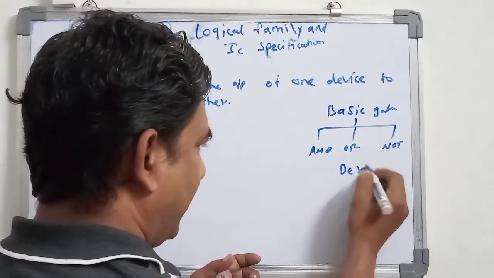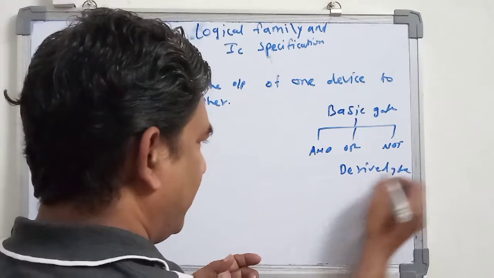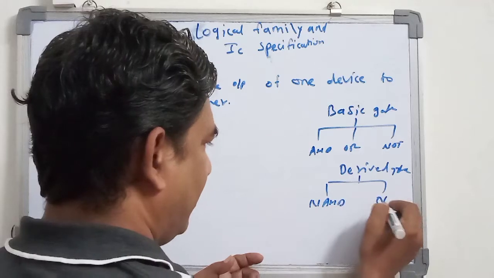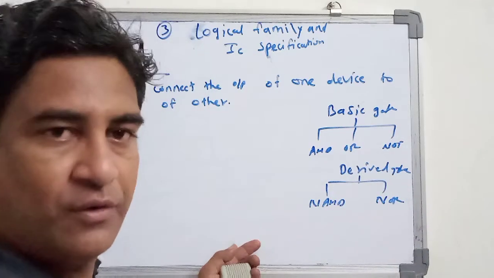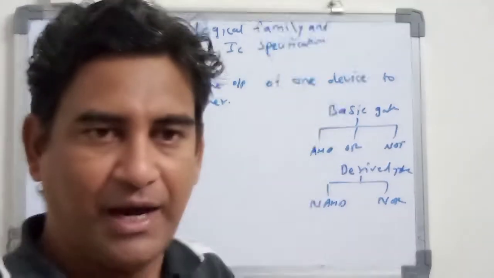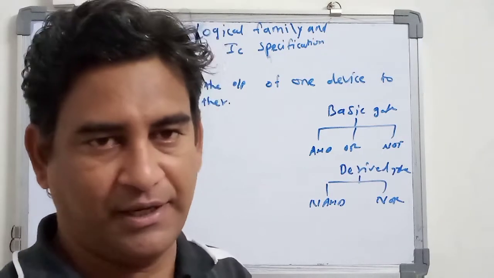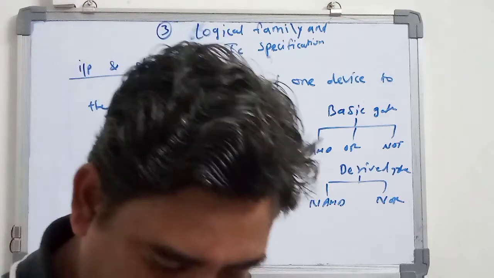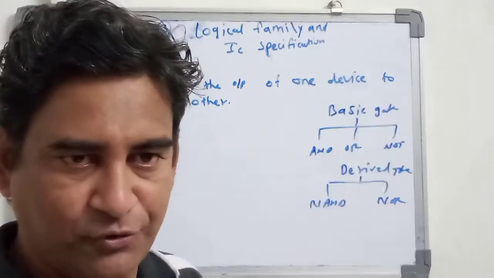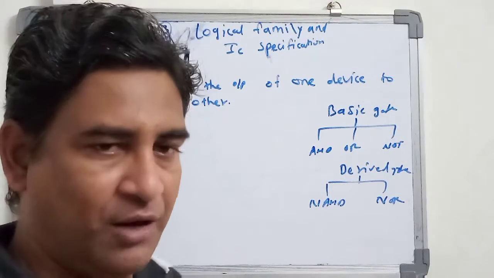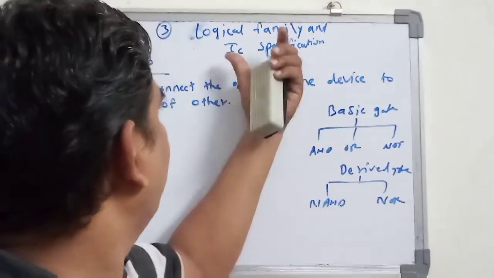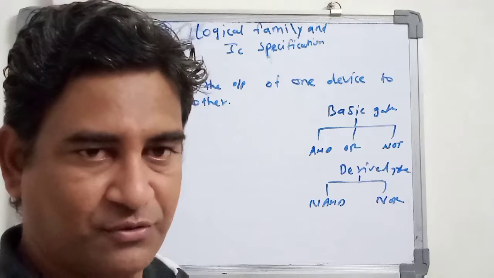Also, we have the derived gates, that is NAND and NOR. By using AND, OR, NOT, NAND and NOR, we are going to design circuits also. In this topic, we are also going to study the tri-state device, how the tri-state device is used, and where it occurs. Here, you will be given the specification also.